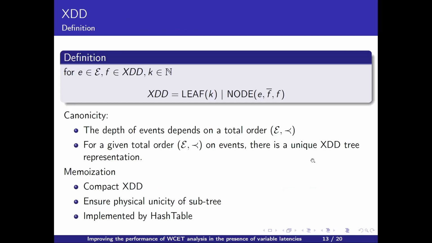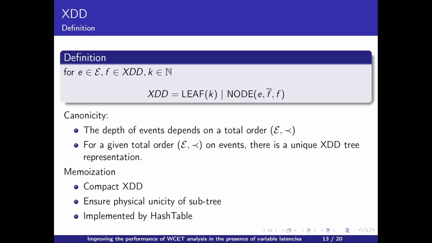XDD is defined as an inductive structure: a leaf with an execution time K, or a node with an event E, the subtree where E is inactive, F overlined, and the subtree where E is active, F. The depth of events depends on the total order that we define on E, which ensures that greater events are always deeper.